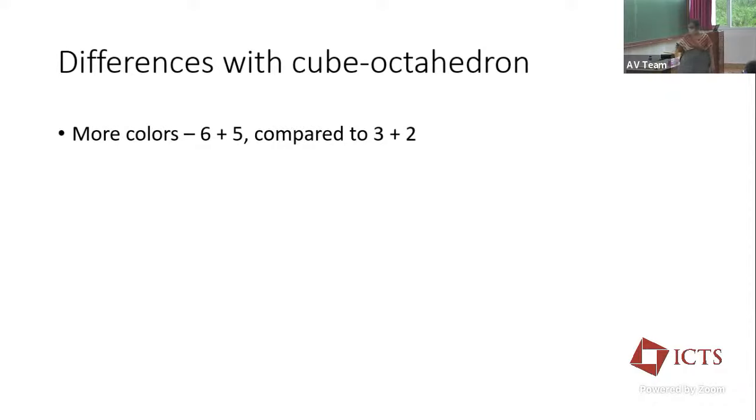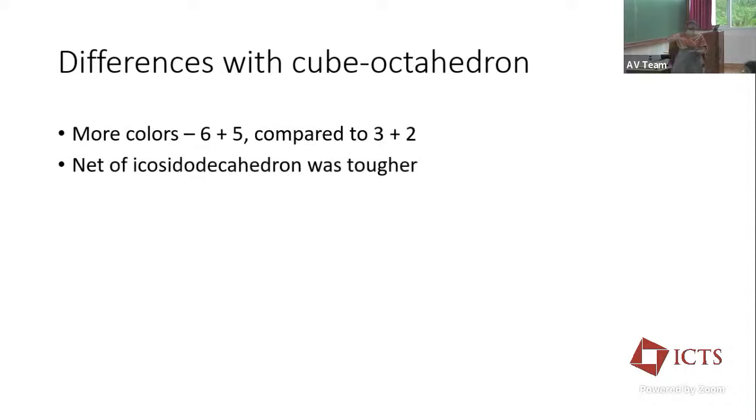Second, if you are thinking of the cube and the octahedron coming together, it's easier to visualize a cube, right? Because you have one pair of faces for each dimension, right? But the moment you are in dodecahedron, it gets more complicated.